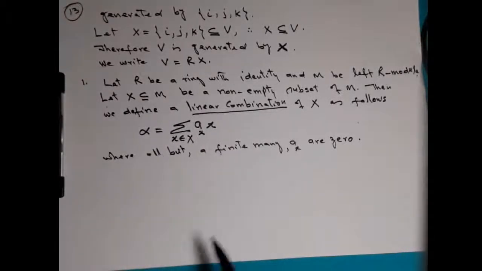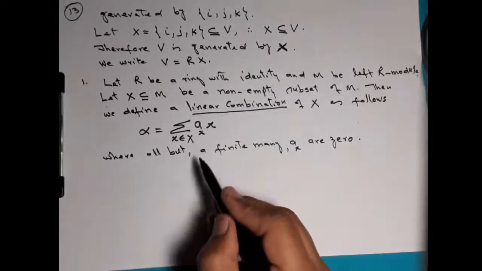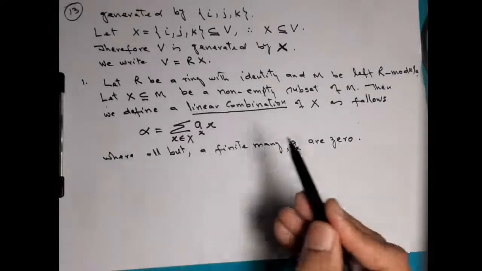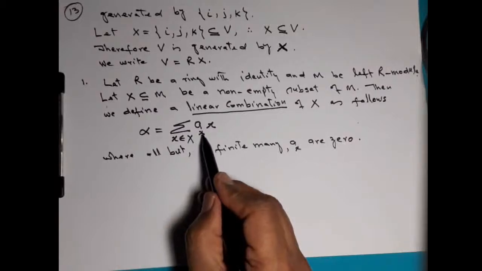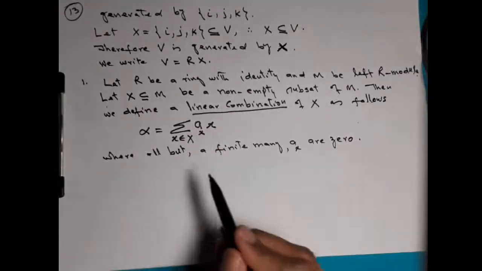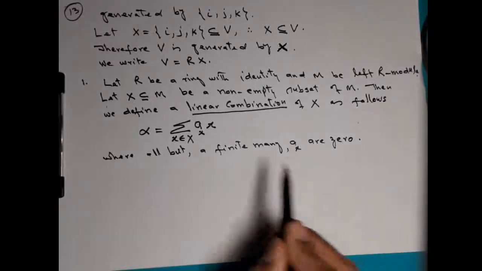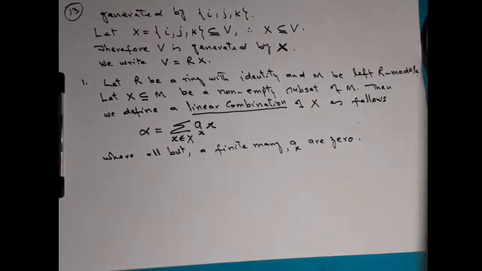So we are saying that as far as these scalars a_x are concerned, only finitely many a_x will be non-zero, all others will be 0. So when finitely many are non-zero, then this summation consists of sum of finitely many elements, and then this is well defined. So this is the definition of linear combination.